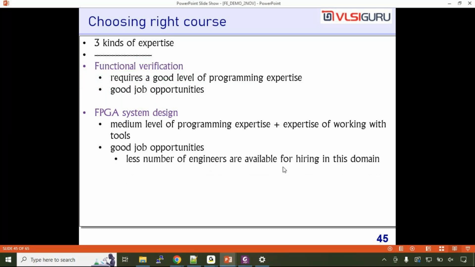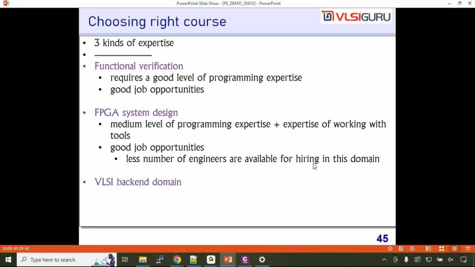Fewer engineers are available for hiring in this domain, hence you stand a better chance. So I won't tell you that 100% you will get a job. There is no 100% anywhere in this domain, any domain for that matter. There is a good chance. It is all in your hands. If you do well, if you put in effort, in any domain you can get a job.